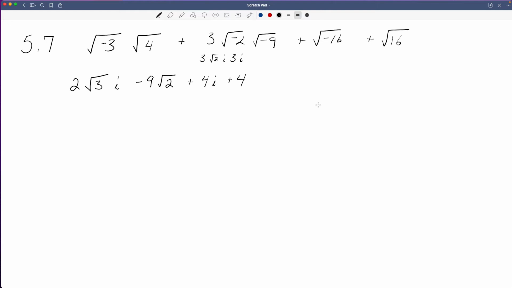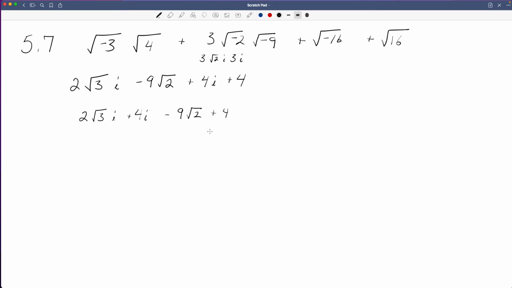Let's see what we can combine, if we can combine anything. We cannot combine anything, but we can factor some things here. So we could put our i's together. Let's see if we can do 2 times the square root of 3 times i plus 4i minus 9 times the square root of 2 plus 4.